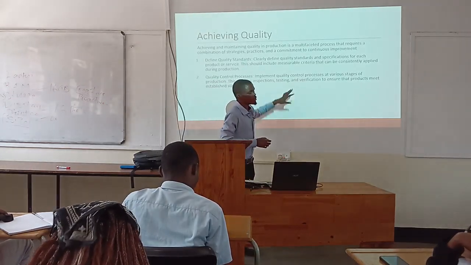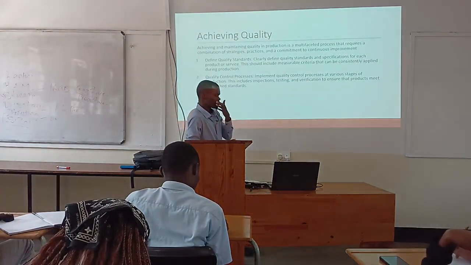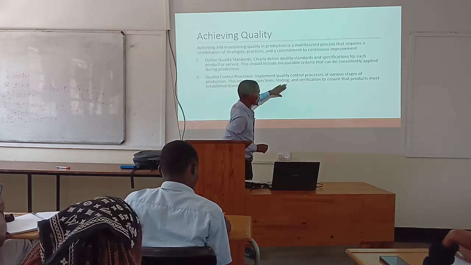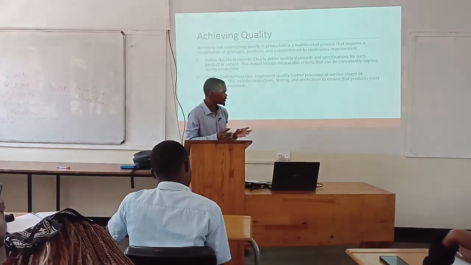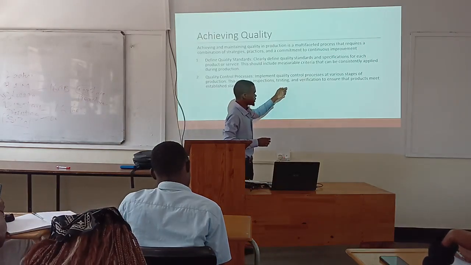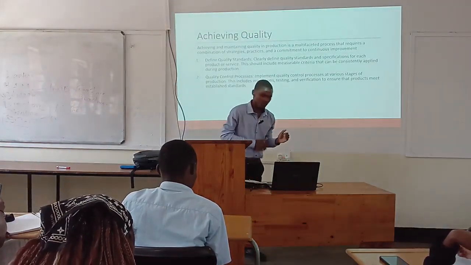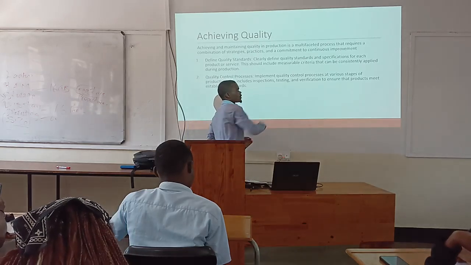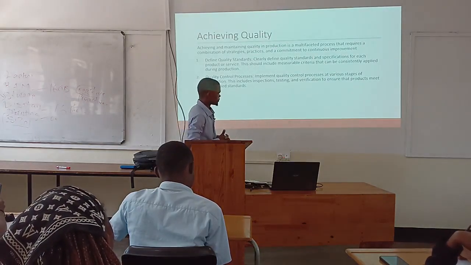So for example, if we are producing a phone, and we are saying this phone is waterproof, testing means we have to check the quality of this phone by submerging it into water for us to know if it's really waterproof or not. So that's testing. We're trying to subject the product to certain conditions in order to check if it's complying to the overall quality or standard of the product that we want as an organization.